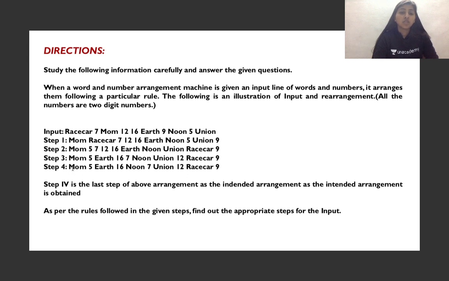Palindromes are the ones which, whether you read from the front or from the back, it's the same. Mom, noon, racecar, right? So the palindromes are arranged in increasing alphabetic order. You can say no. Rather than that, you can say that they are arranged in increasing number of alphabets. And then these two words, earth and union, are just normal words which are not palindromes, and they are arranged in forward alphabetic order.